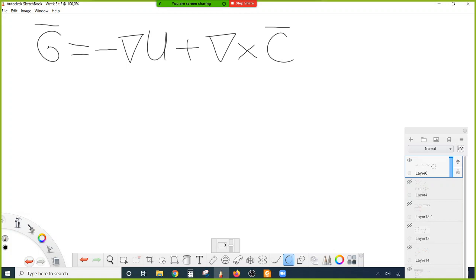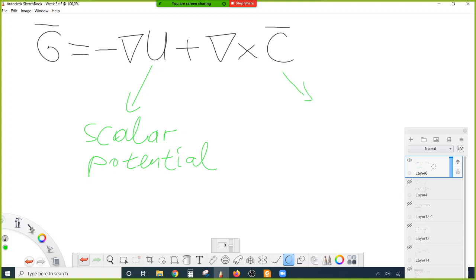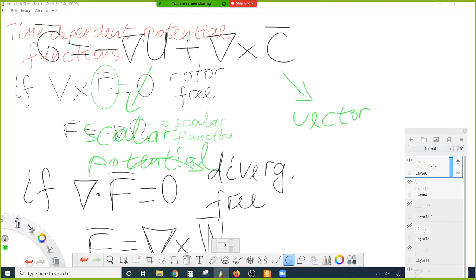Here u can be thought of as a scalar potential, and c can be thought of as a vector potential, as we did in the previous slide.